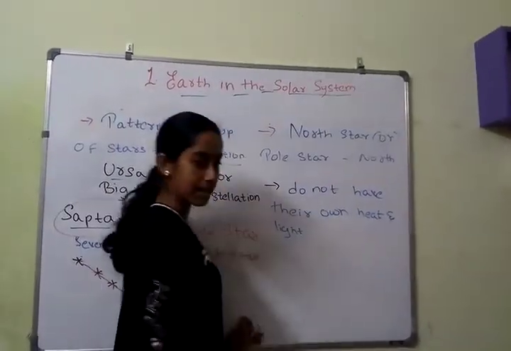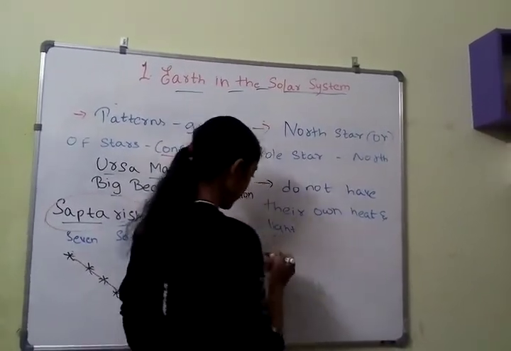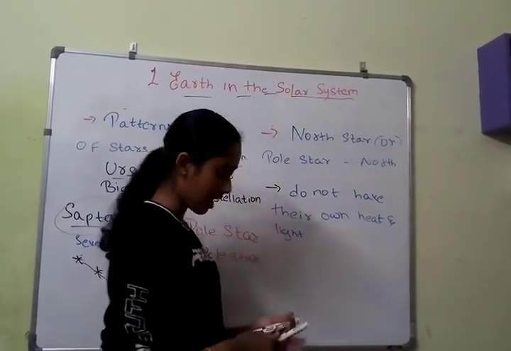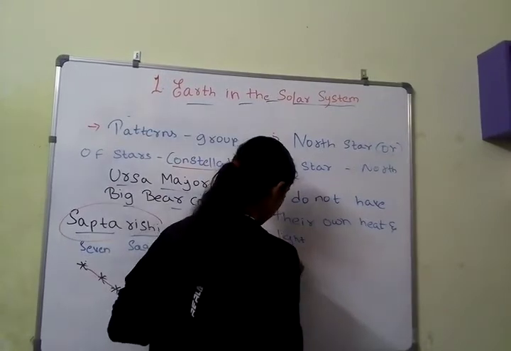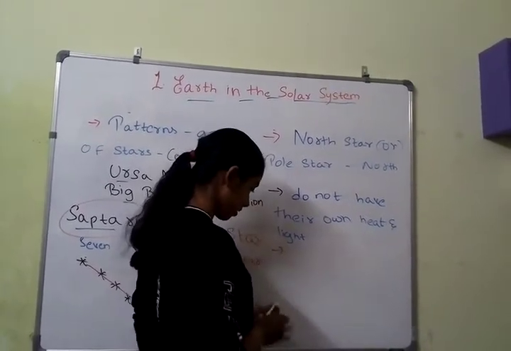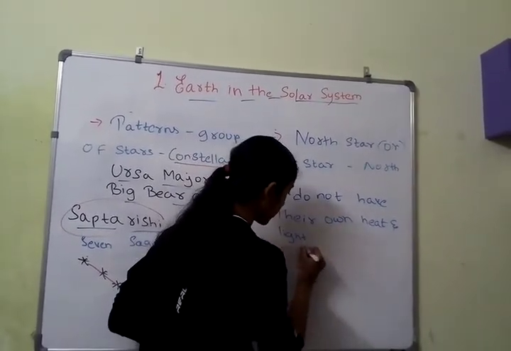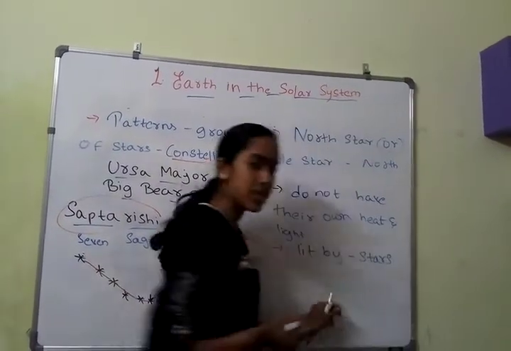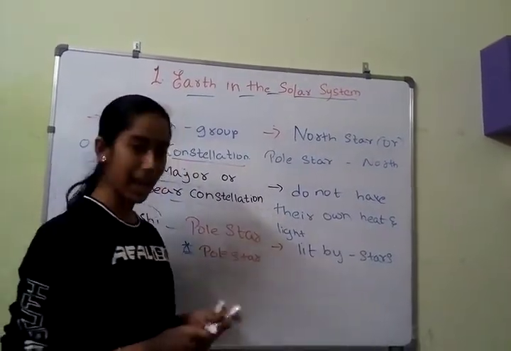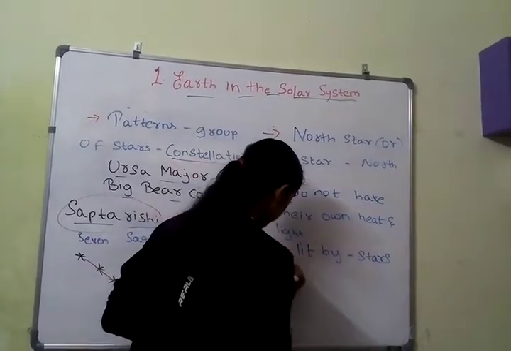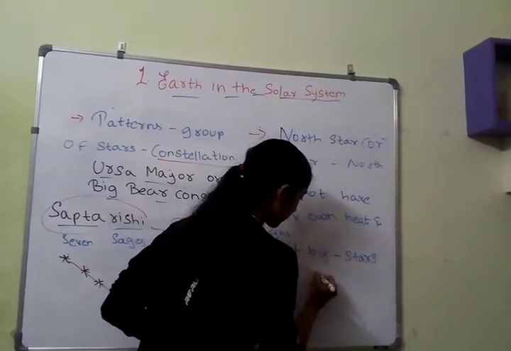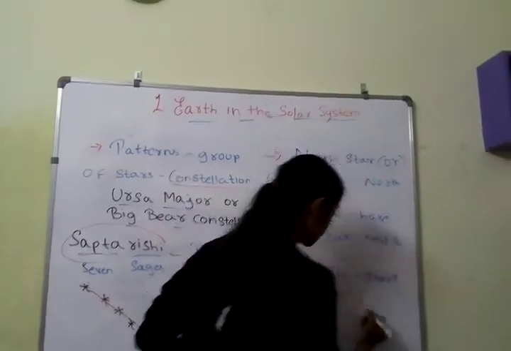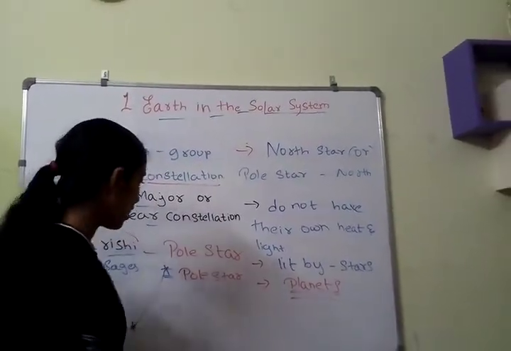Another point is, they are lit by the light of stars. Such celestial bodies are called the planets.